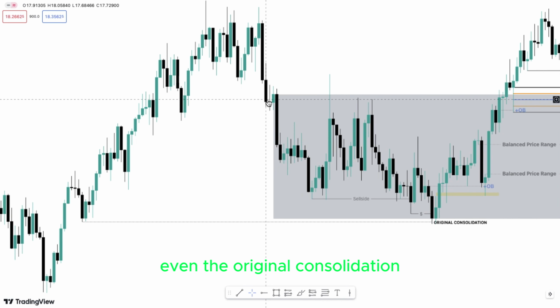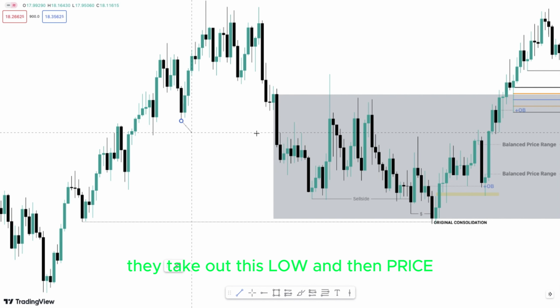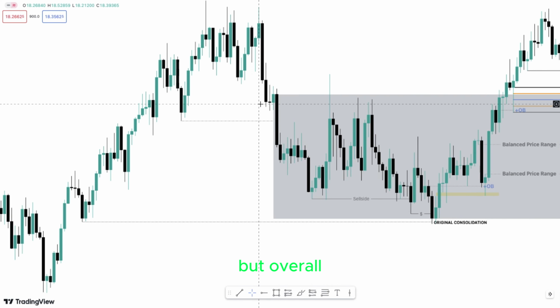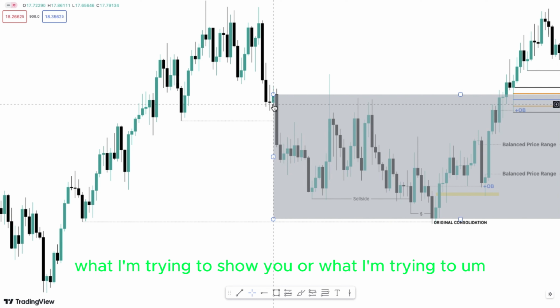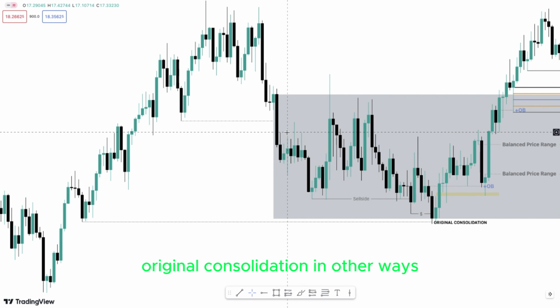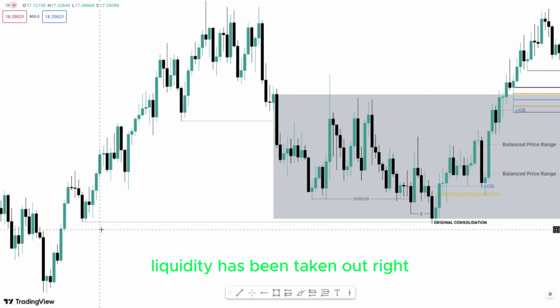The original consolidation begins immediately after they take out this low, and then price consolidates inside this favorable gap. But overall, what I'm trying to have you take into account is that there's an original consolidation. In other words, there's an accumulation stage that is happening after liquidity has been taken out, right?